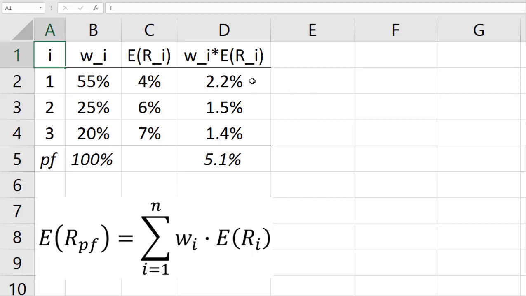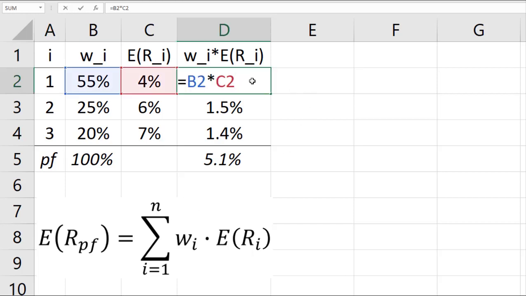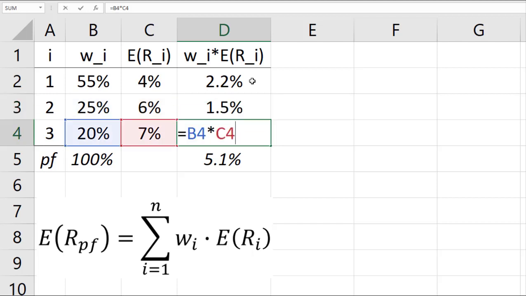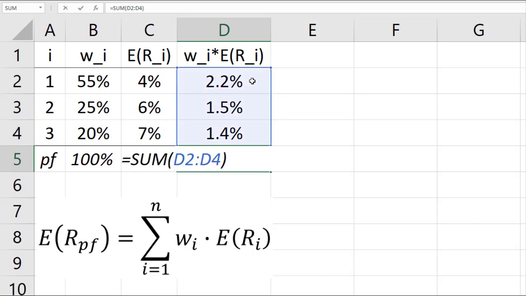What I've done, I've multiplied the weights with the expected return for each of the constituents, and then finally summed them up, and the result is an expected return of 5.1%.